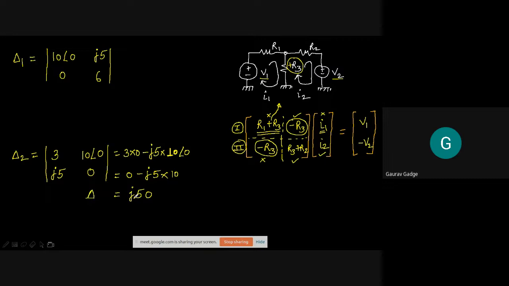That is the value, but with the negative sign, minus J50, that is the value of delta 2. In the same way, we find delta 1: 10 angle 0 into 6 minus 0 into J5, which is 60. Yes, it is equal to 60. I prefer to keep this angle 0, it is just a habit. So this is the value of delta 1, and this is the value of delta 2.